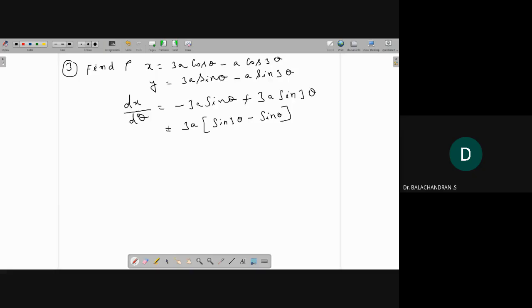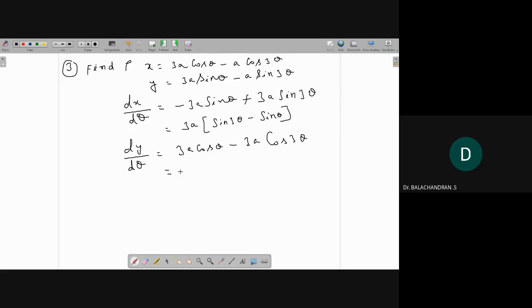Similarly, find dy by d theta. You get 3a cos theta minus 3a sin 3 theta, differentiate this one, you get 3a cos 3 theta.